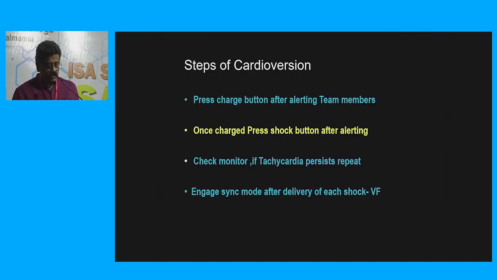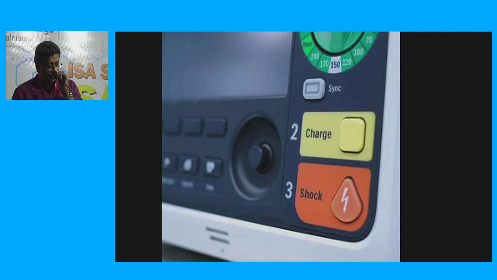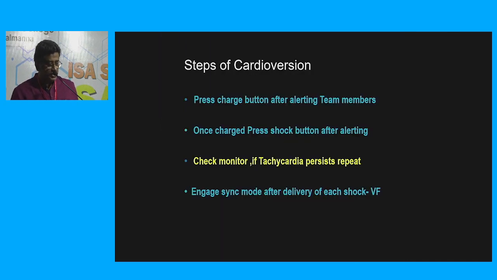So you can see the shock button, that yellow button, not the orange buttons are the shock buttons. And on the machines also you can see the shock button. And you continue giving cardioversion if the tachycardia persists.